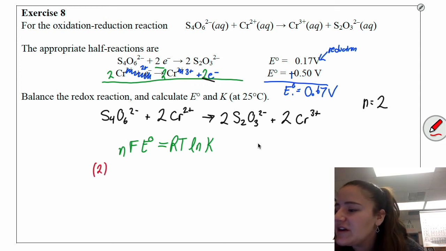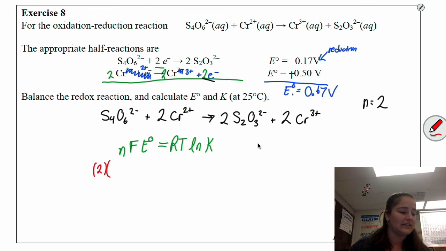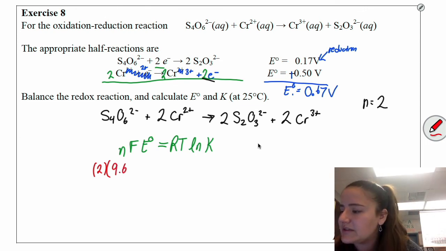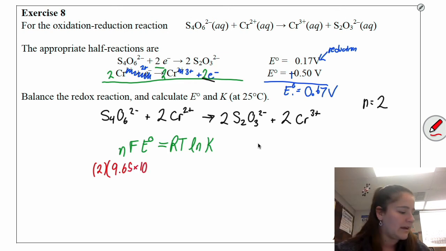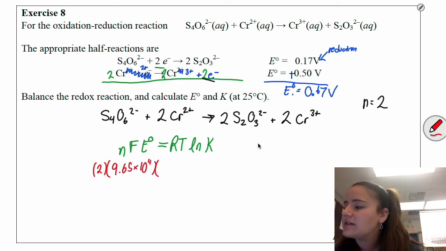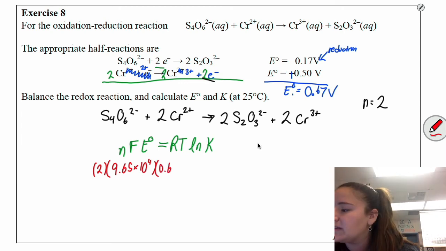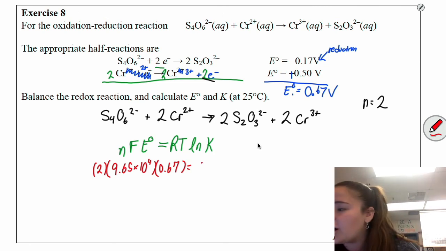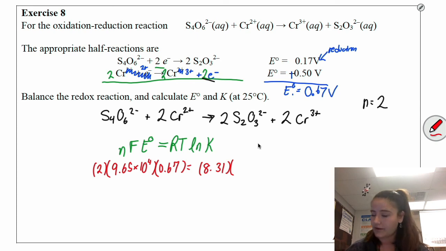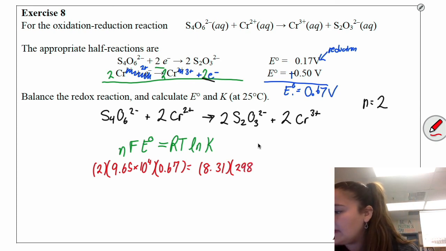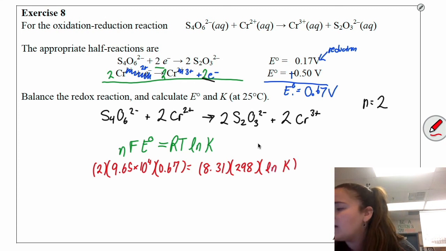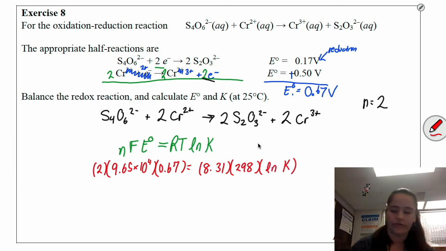So 2, and you look up Faraday's constant from your equation sheet, and it is 9.65 times 10 to the 4th, times our E cell, which is 0.67, equals R. We're going to use our energy R, which is 8.31, our temperature in Kelvin, so that's 298, and natural log of K, which K is what we are solving for.